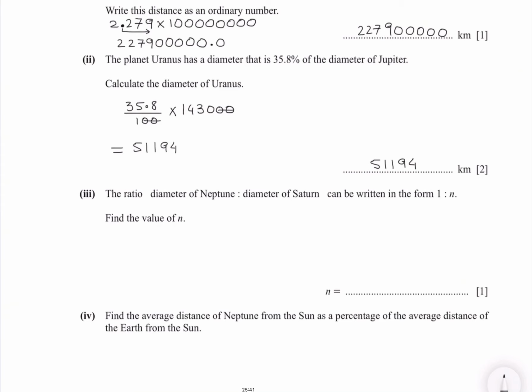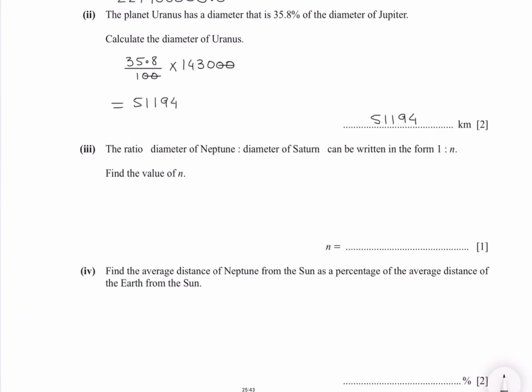Ratio of diameter of Neptune to diameter of Saturn can be written in the form 1:n. Find the value of n. So you write down the diameters of both.